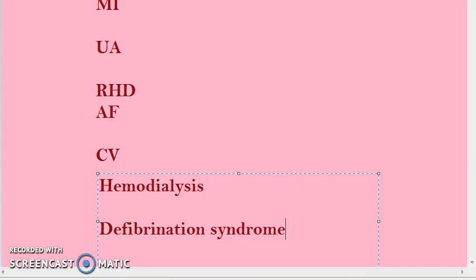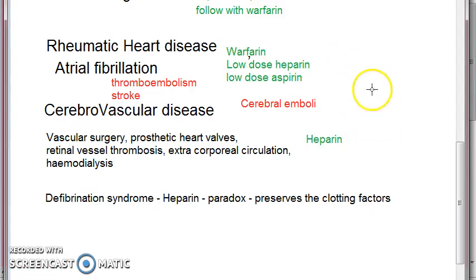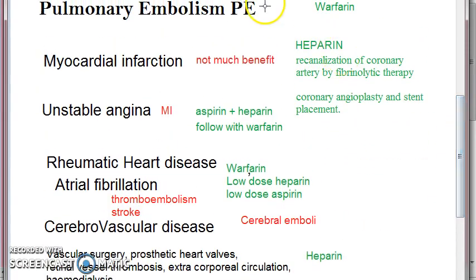Prosthetic heart valve if somebody has one. That's also interesting, not so difficult. What else did we want to say here? Some special things were there.